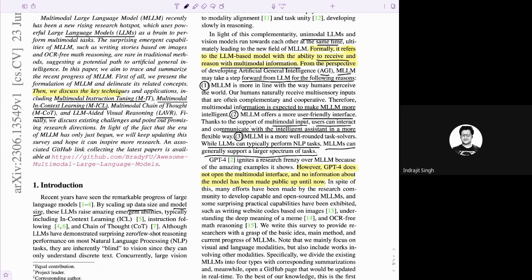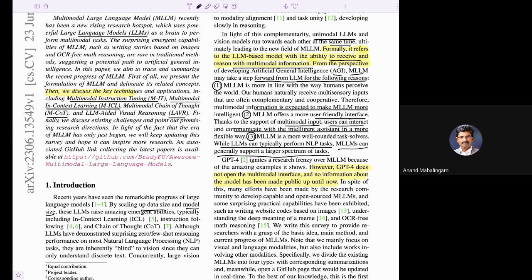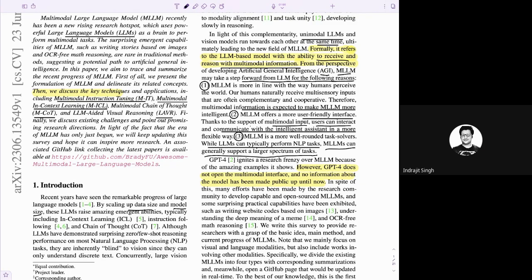So I really love this one, the visual math and text reasoning, where you have an image of the visual math. Indrajit, are you showing the other screen? We are seeing the research paper only. Oh, is it? Okay, I'm sorry. One minute.